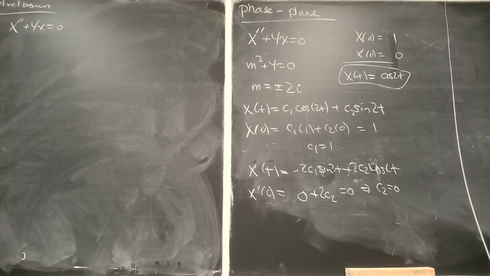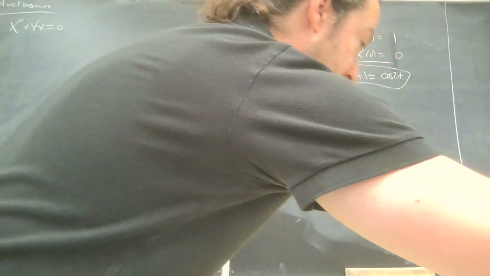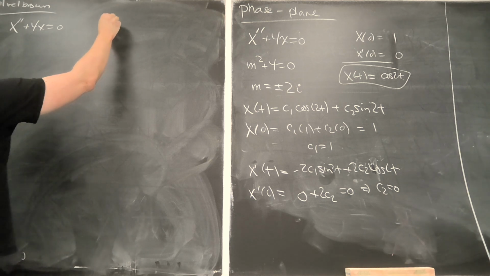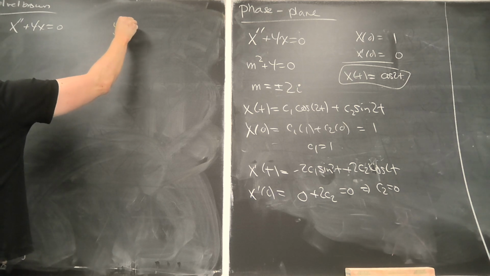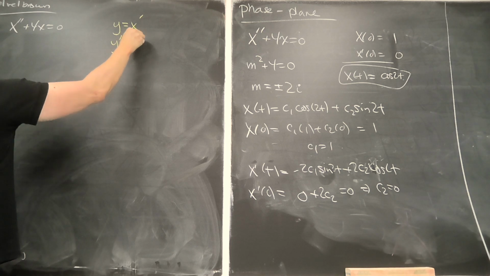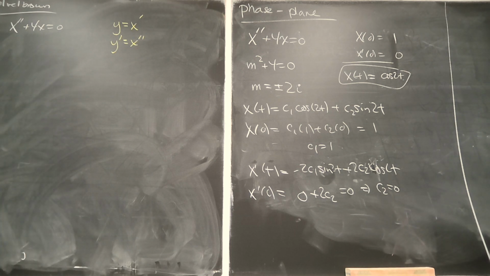Remember that when we're turning a linear equation into a system, we have to use a set of substitutions. I'm going to try to get the second derivatives out of this. So I'm going to make the substitution y is equal to x prime, and therefore y prime will be x double prime. So that's my collection of substitutions.